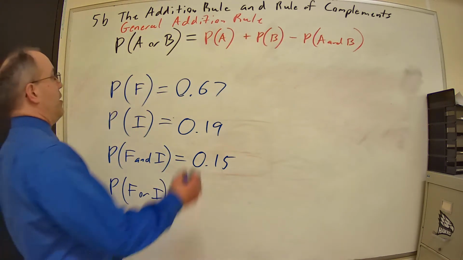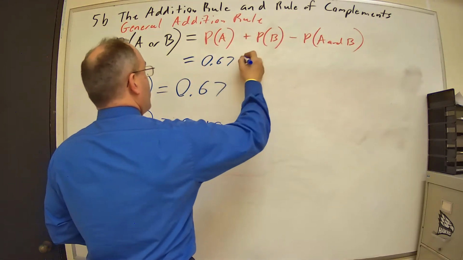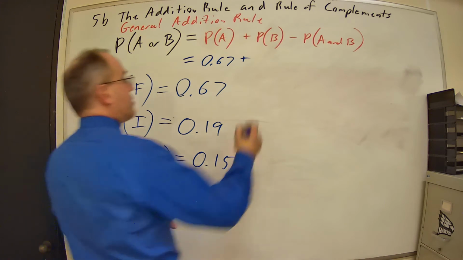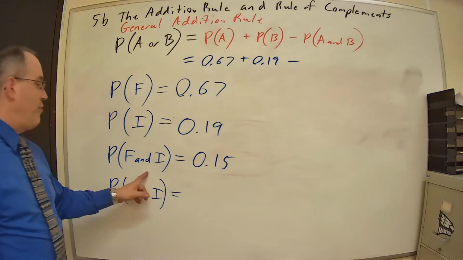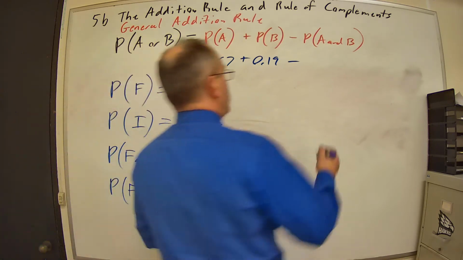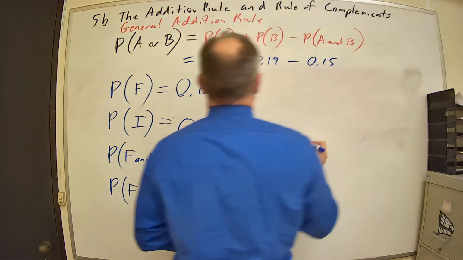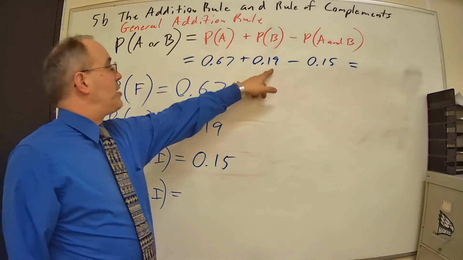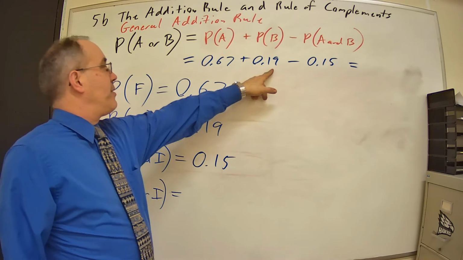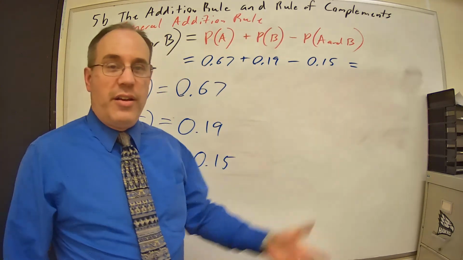I just plug it in. The probability of being a female is 0.67. Probability of being an instructor is 0.19, minus the probability that they're both a female and instructor, or a female instructor, which is 0.15. 0.67 plus 0.19 gives me 0.86 minus 0.15, 0.71.